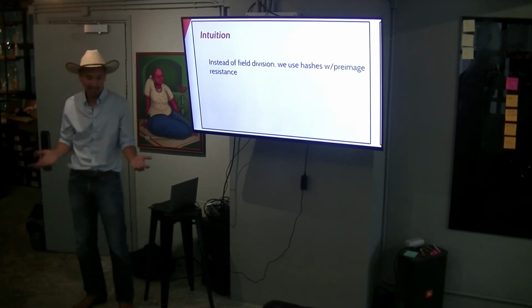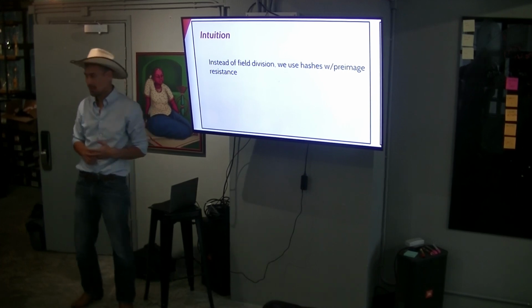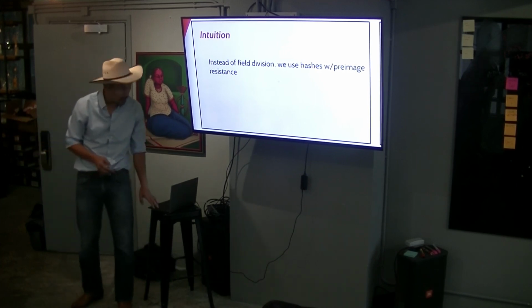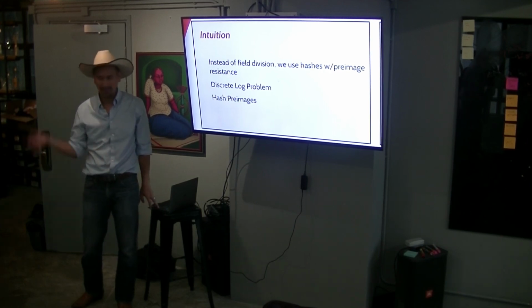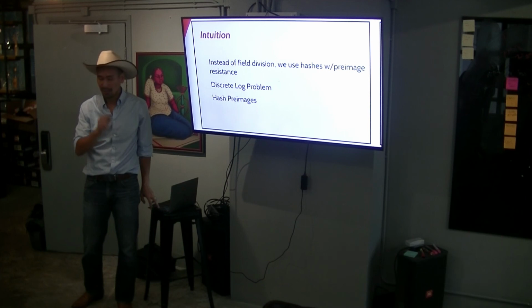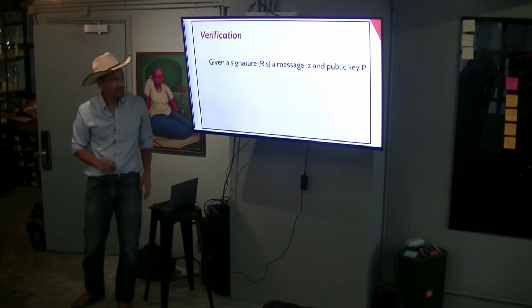Like SHA-256, it has strong pre-image resistance. There are lots of other hashes that are the same way. And again, it depends on the discrete log problem, but it also depends on the difficulty of figuring out a hash pre-image.